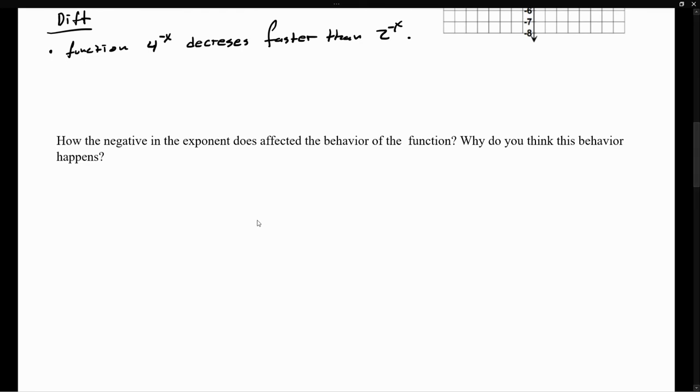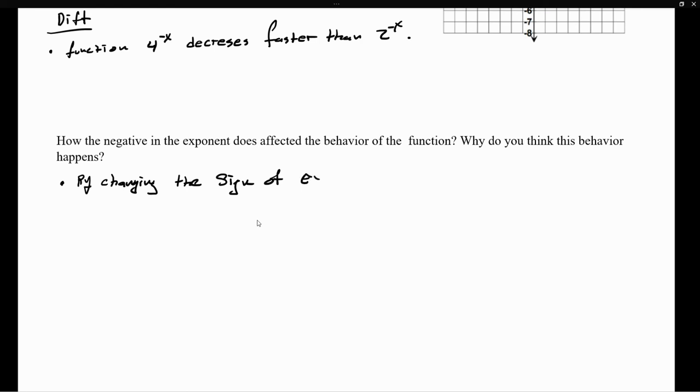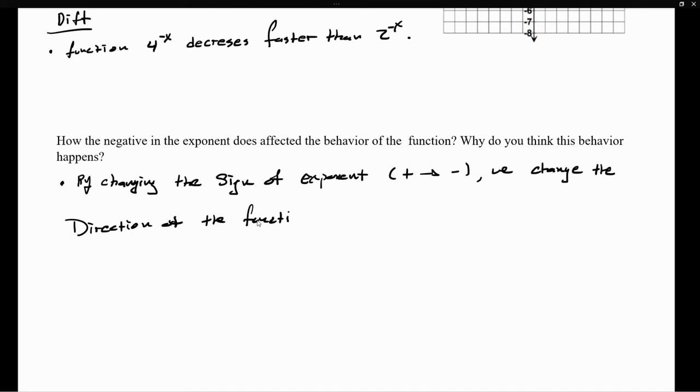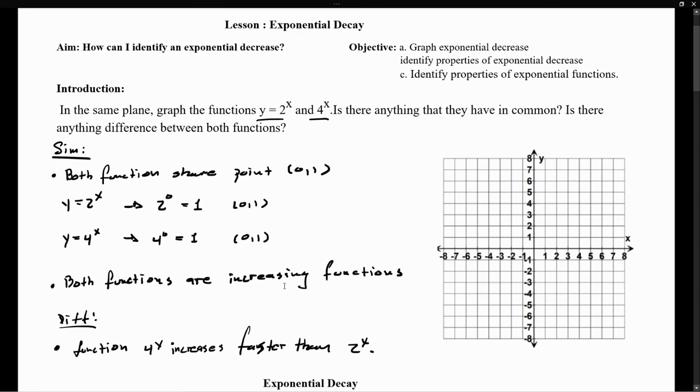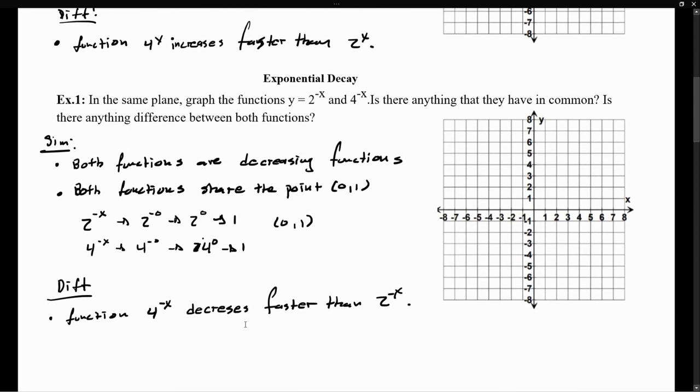So it seems like by changing the sign of the exponent, which in this case was from positive to negative, all we did, we changed the direction of the function. And what I mean by changing the direction of the function was that if it was positive, then we were increasing. Then by changing it to negative, now we are decreasing.